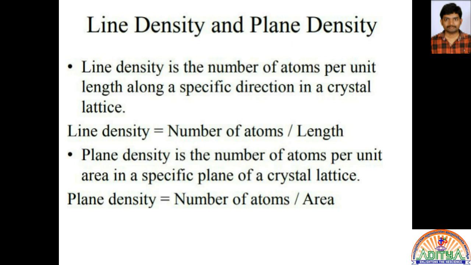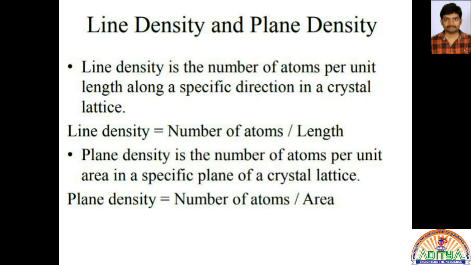And next one is plane density. So plane density is the number of atoms per unit area in a specific plane of a crystal lattice. So that means plane density is equal to number of atoms divided by area. So line density is number of atoms divided by length. So the plane density of the plane is perpendicular to the direction.